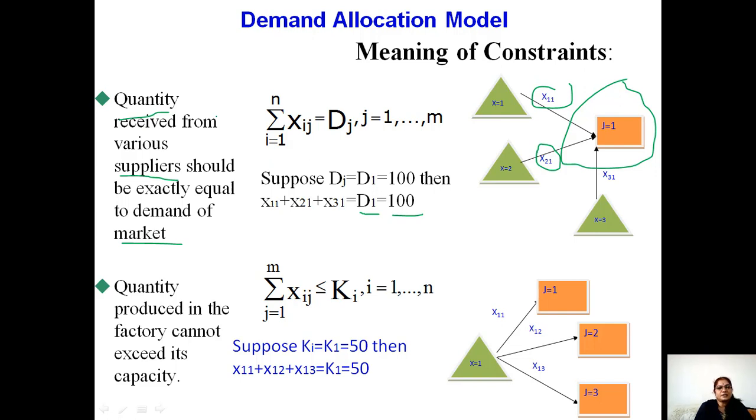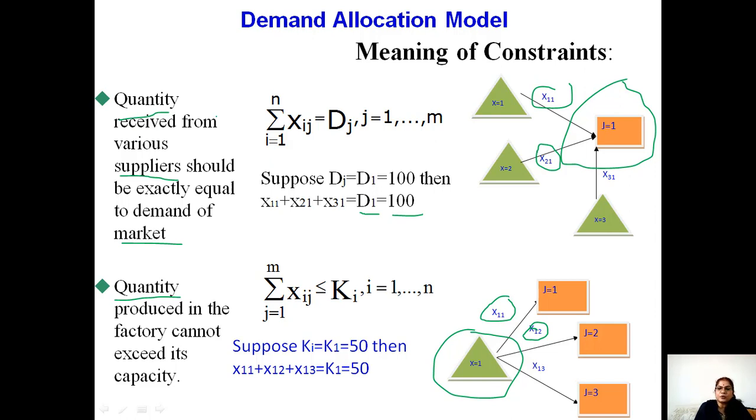Similarly, the second constraint would be that the quantity produced in the factory cannot exceed its capacity. Now, this is a plant which I have considered, the first plant. It is delivering to 3 markets: first market, second market, third market. X11 is the quantity shipped by the first plant to the first market, X12 from the first plant to the second market, and so on.